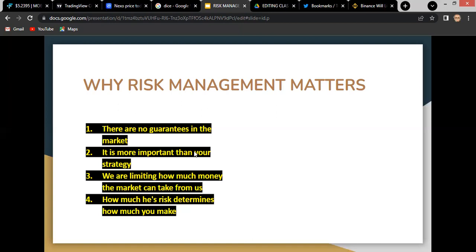You also take cognizance of your reward. Look at the risk you're embarking on: is it commensurate with the reward you're going to get from it? That's what makes trading different from gambling. So anytime someone enters a trade without managing his risk, he is gambling.